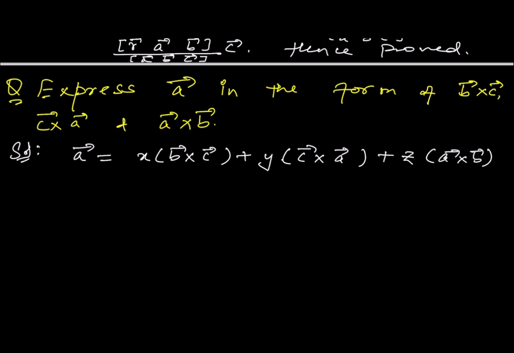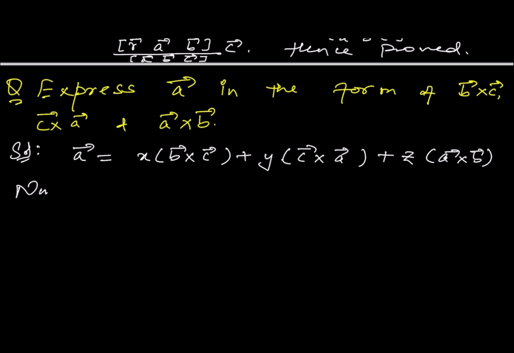Now, in this question also we have to make a box. So for making box, also for finding x, y, z, we can take dot product with A vector, B vector, C vector one by one.